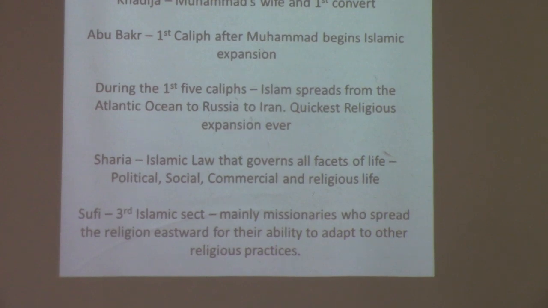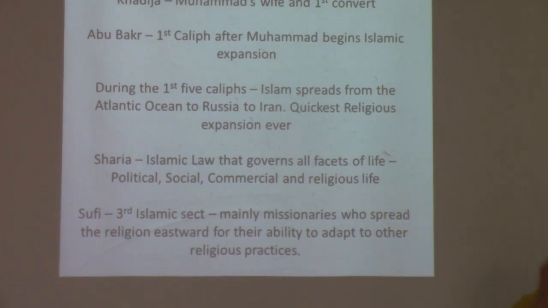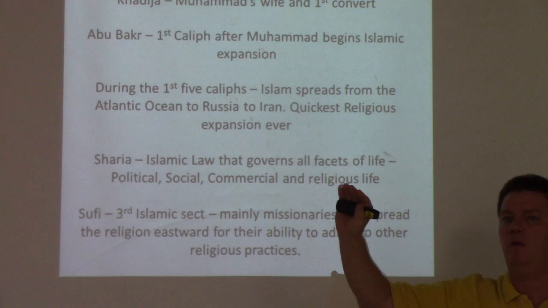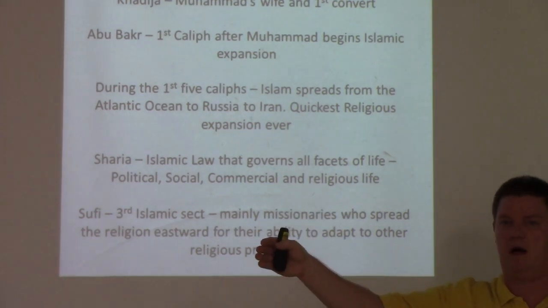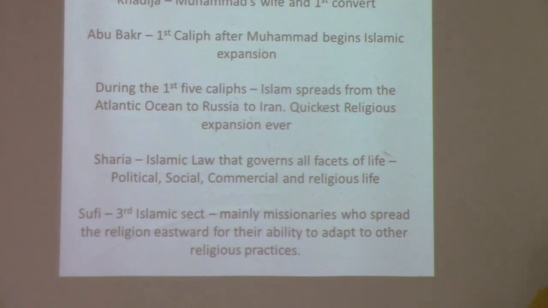By 643, Muslims are in Mesopotamia, and they're watching a war between the Byzantine Empire and the Sassanid Empire. And they turn, and one branch goes eastward. And by 710, they've made it all the way to the Indus River Valley in modern-day Pakistan. Another branch goes west across North Africa.